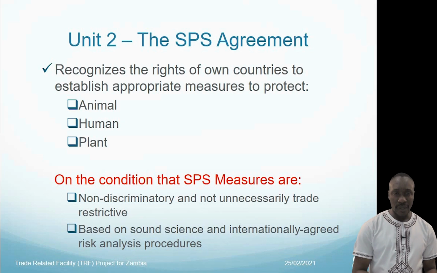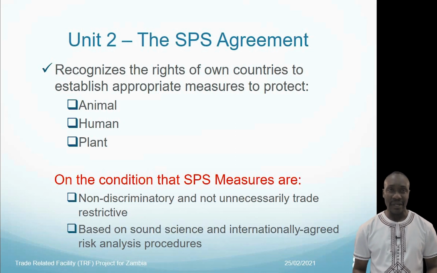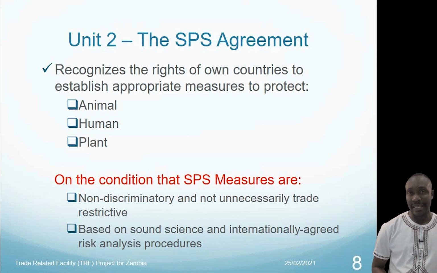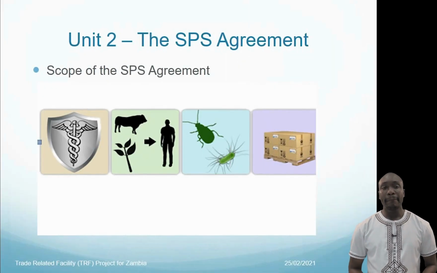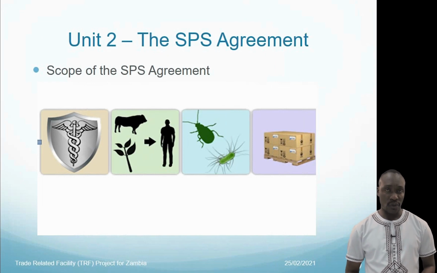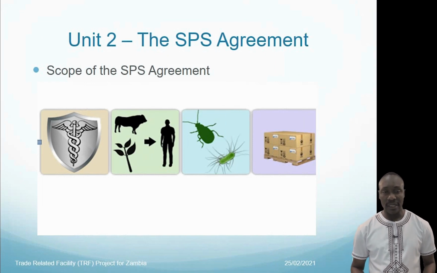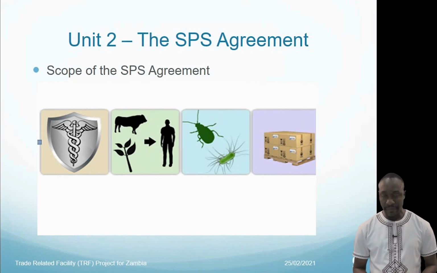But how do you ensure that this level of safety is acceptable or is appropriate and is backed by, for example, the scientific community? Okay, so you will see that in all that we will do, we will try and look at the scope of the SPS agreement and try and move within that direction.